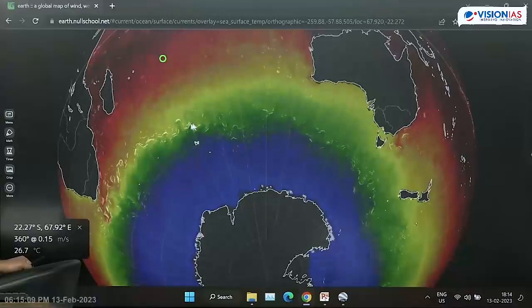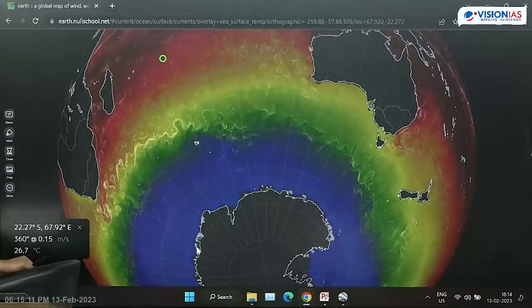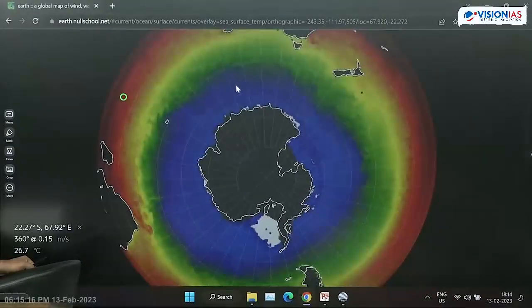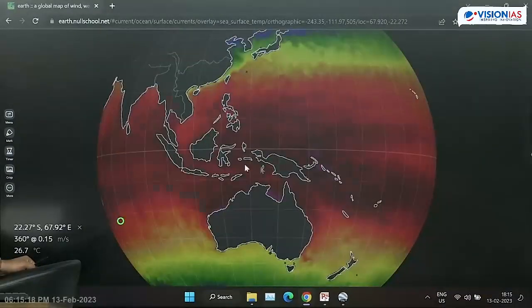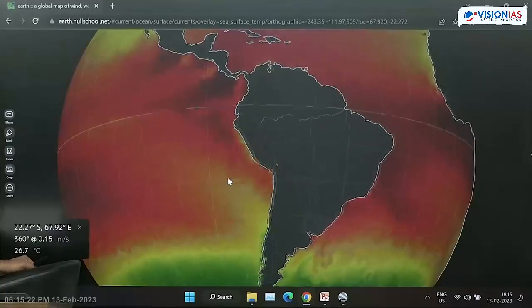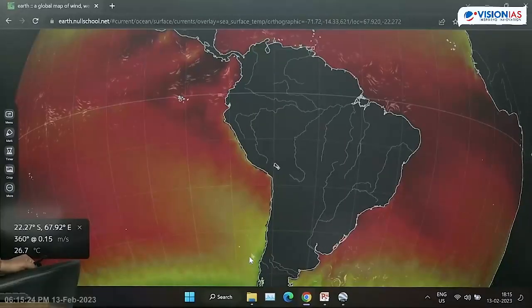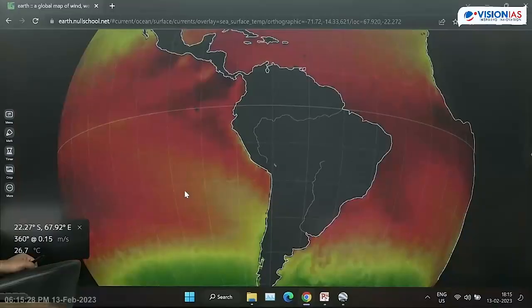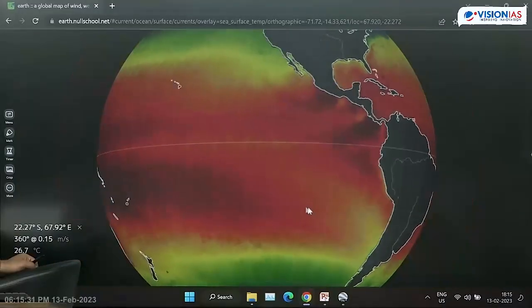Dekho west wind drift, right? So this is the cold Peru current or Humboldt current. If you compare the surface water temperature itself, you can clearly understand.